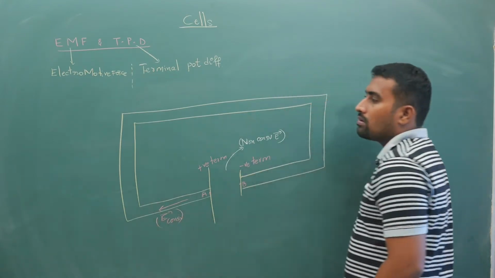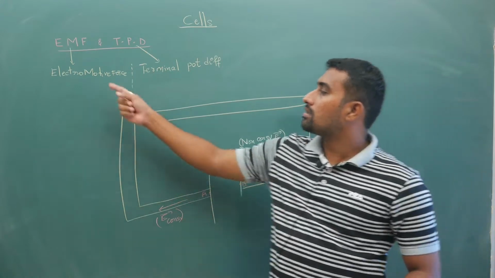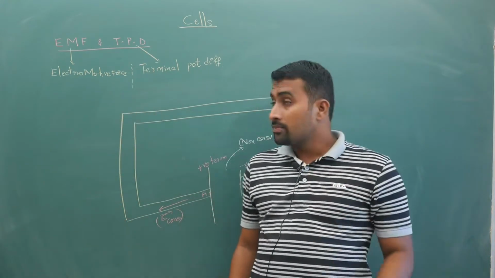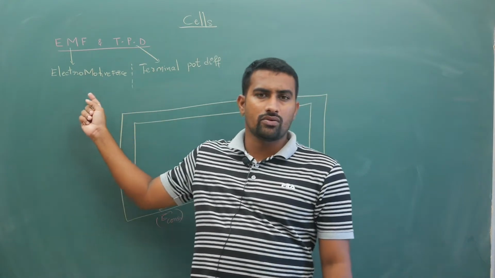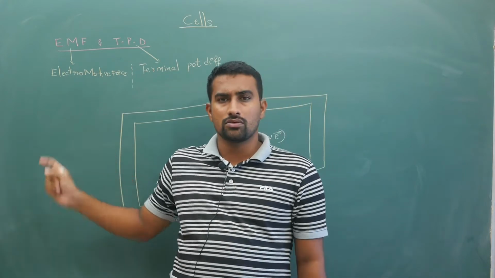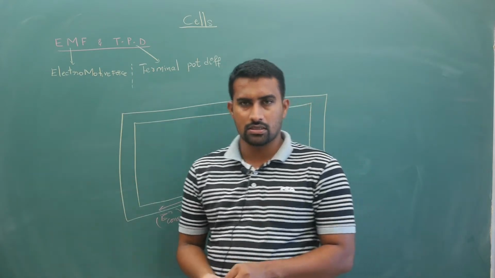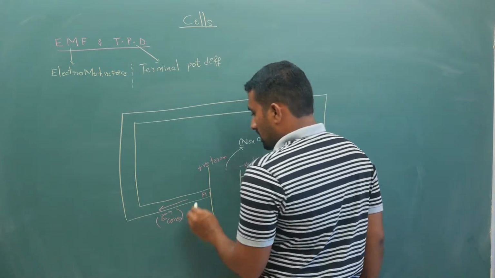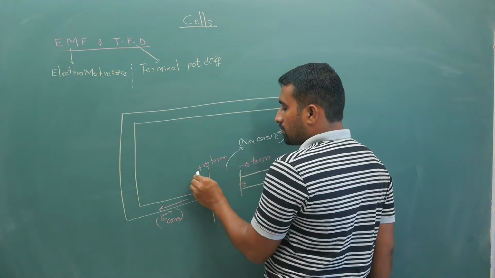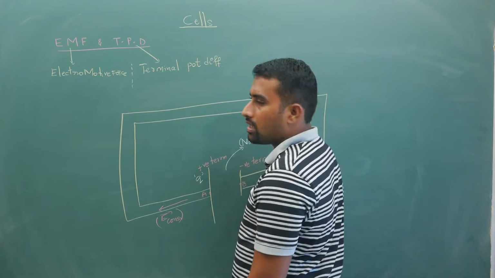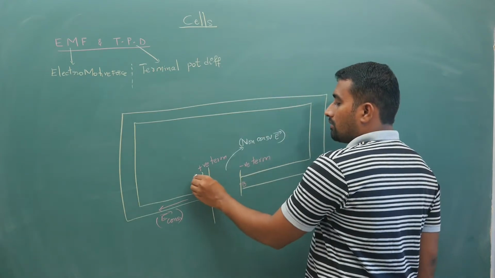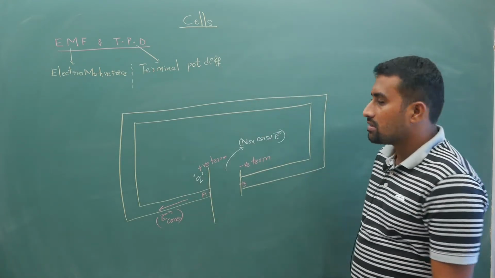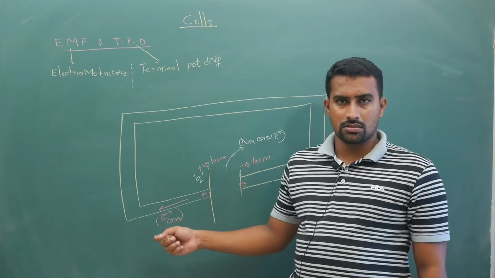Now what does electromotive force mean? Don't say that because the word force is used, the unit is Newton. It is not the case. So what does electromotive force mean? Say for example you have a plus q charge.